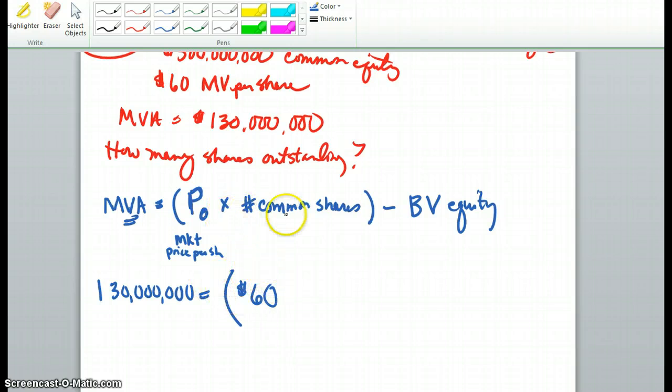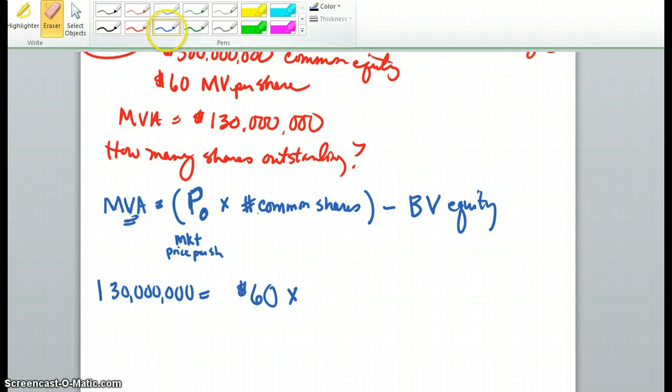Since I want the market value of the whole company, I multiply each share by the number of common shares, which I don't know, so that's an unknown to me. So I'm going to put 60x. I don't actually even need to put parentheses there, do I?